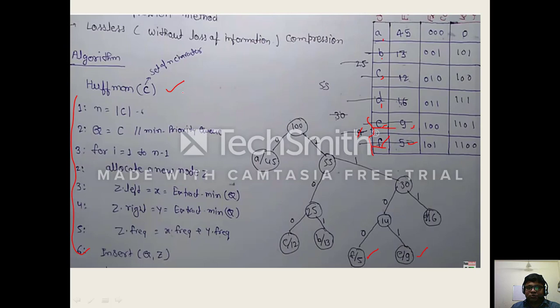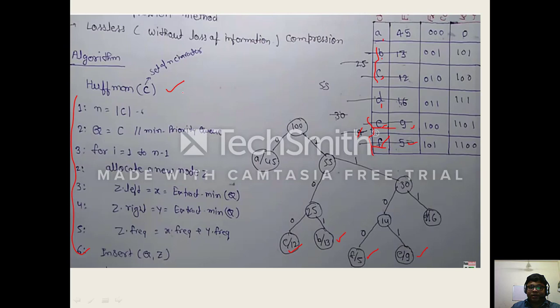Then including this 14, we proceed to find the next two smallest numbers among 14, 16, 12, 13, 45. Here the two smallest frequencies are 12 and 13. So these will not fit here. We will draw another two nodes, C as the left node with frequency 12, and B as the right node with frequency 13.